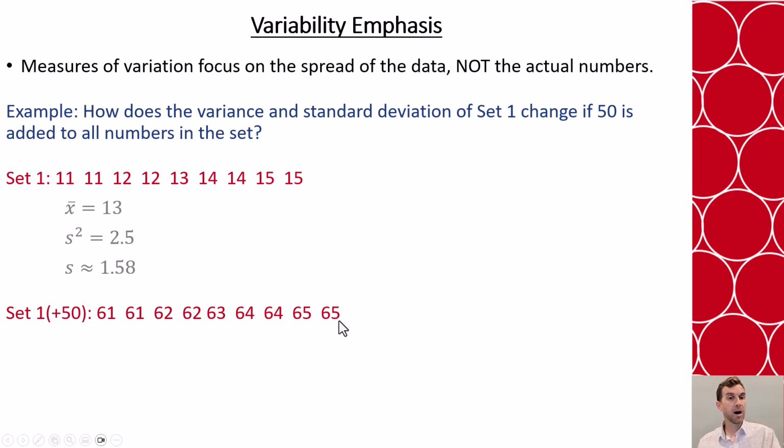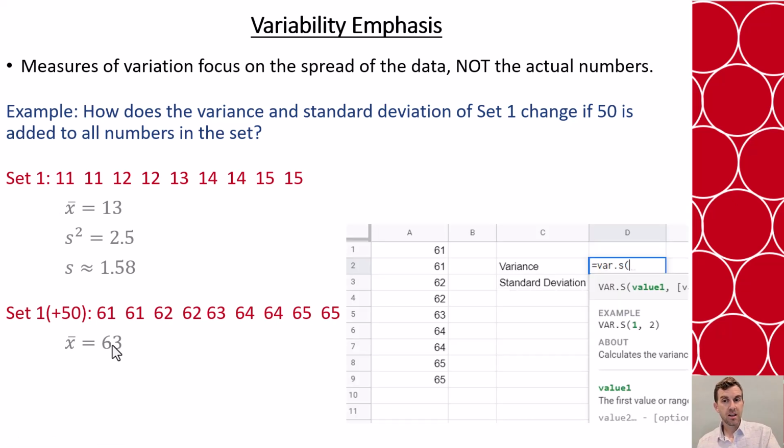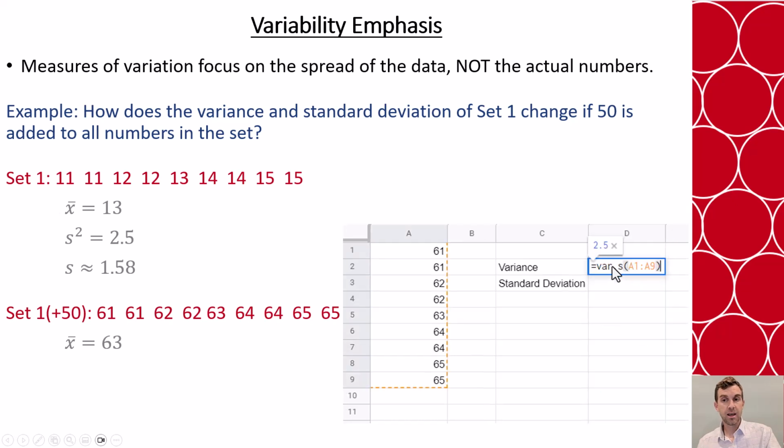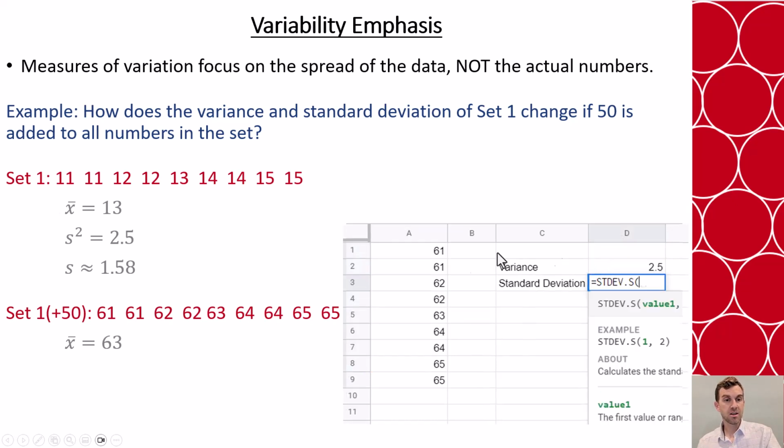So my mean will change. My mean now becomes 63. It's 50 units higher. However, let's look at the variance and the standard deviation. If I use my program, I'm going to put in all my data here, the first 9 cells. I'm going to use the var.s for my variance, highlight it and push enter. It's still 2.5.